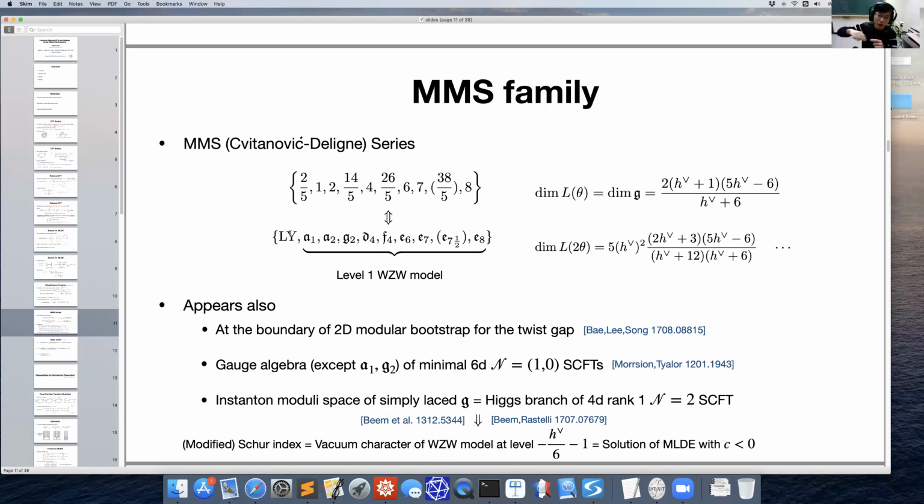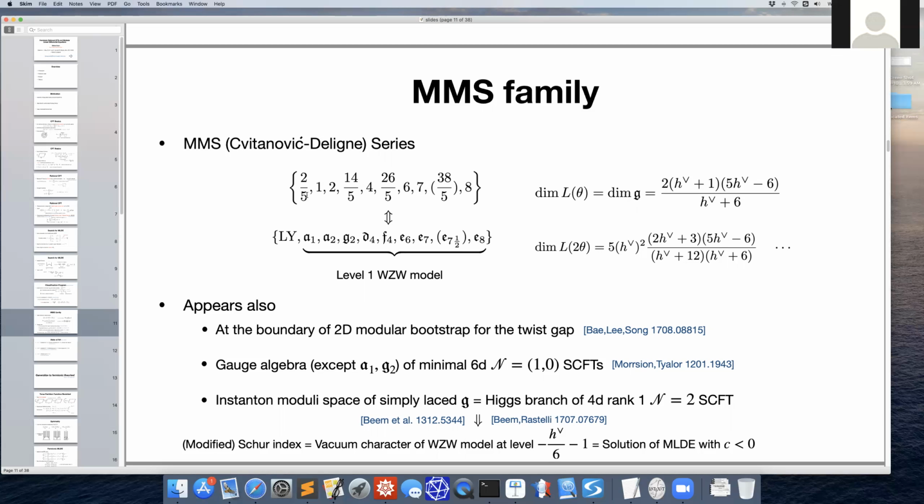Lee-Yang has two characters, and if you write them down, they coincide with the characters for this theory. So secretly you can view this Lee-Yang as some unitary theory if you switch the role of the vacuum and the non-trivial primary.